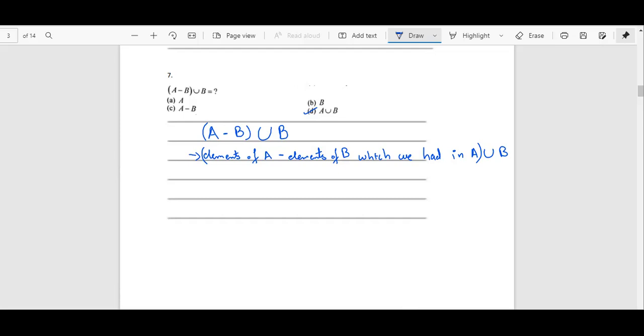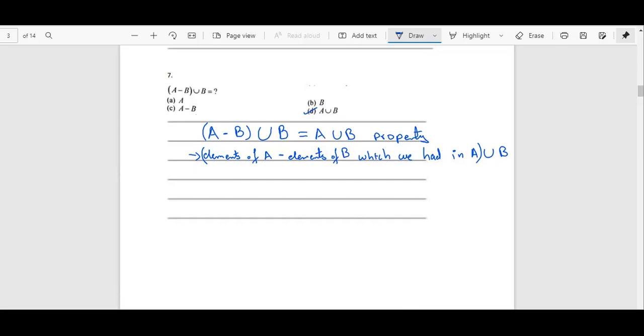Whenever you have A minus B union B, this is always going to be A union B because this is a property. Obviously, behind every property there's a logic, and this is the logic.